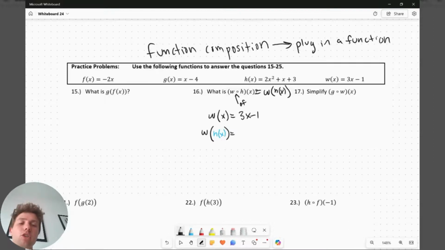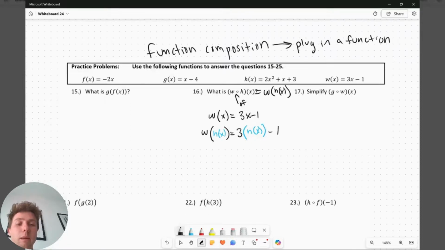Okay, but if I'm changing x, that means I need to change all of the x's to that function, to h of x. So, okay, I'm in this function still, 3x minus 1, but we said we're changing the x. We're replacing it. We're plugging in this function. Just like I would replace x with a value, I'm replacing it now with this function. Well, that's the basic idea of it, but that's not quite done yet.